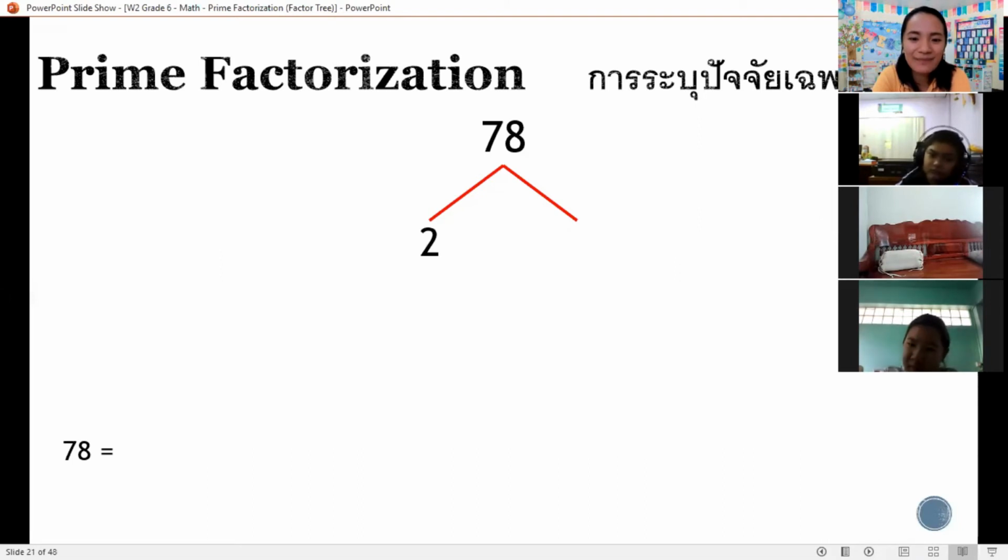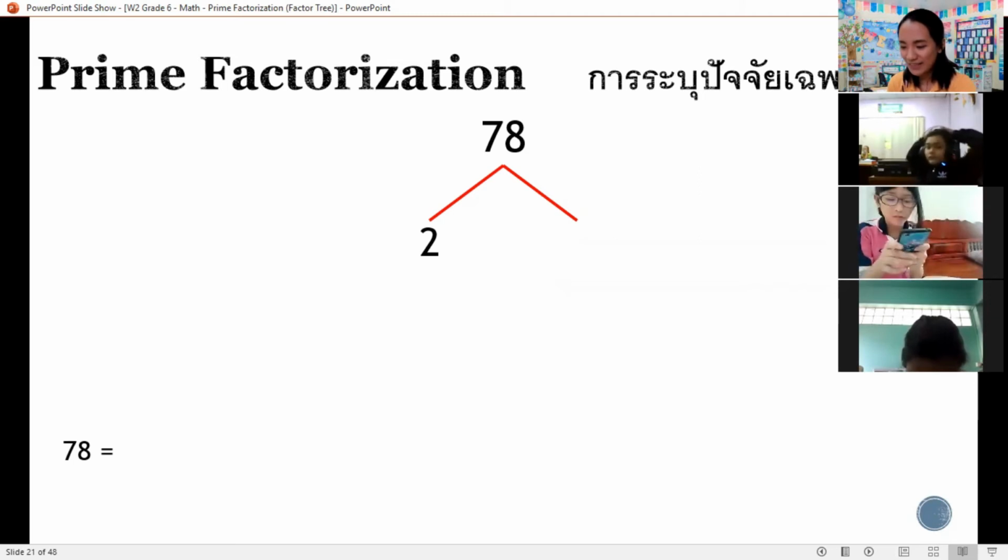Who knows the answer already? Grade 6 is very good in math, right? So solve. What is the missing number? Who knows the answer? Who will I call?